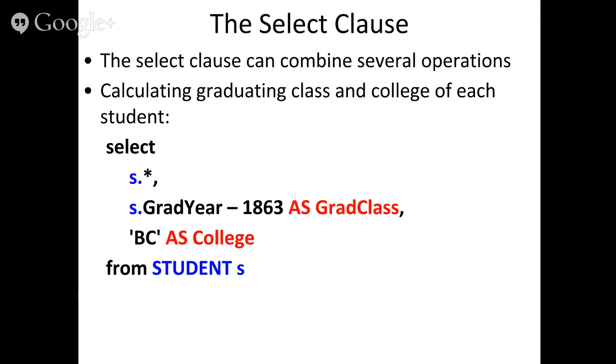The other field is graduation year. When did the student graduate? So for instance, given the graduation year, they graduated 2007 or whatever, minus 1863, presumably the year that the college was founded, will tell you how many years it has been since this student graduated.